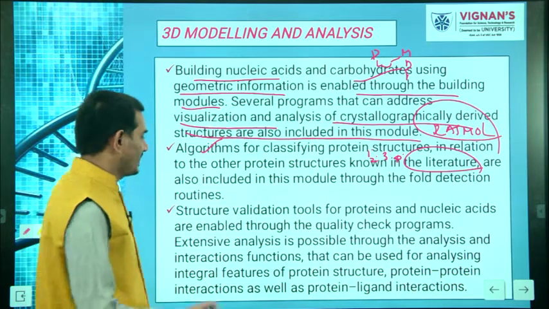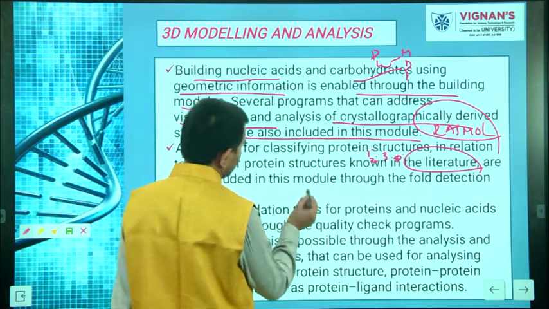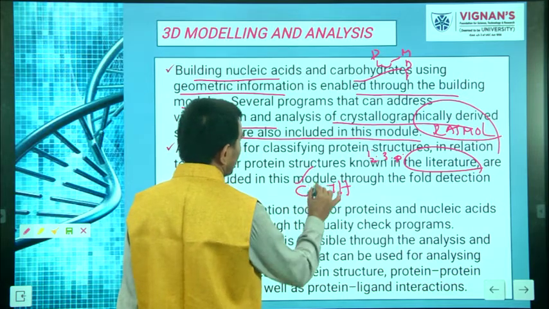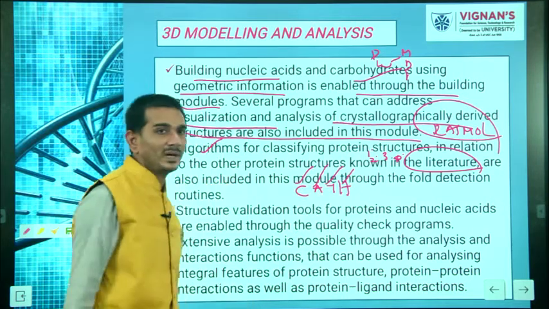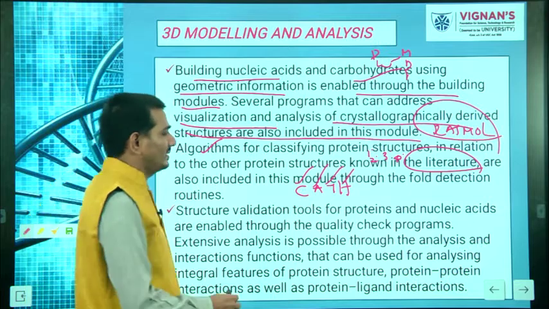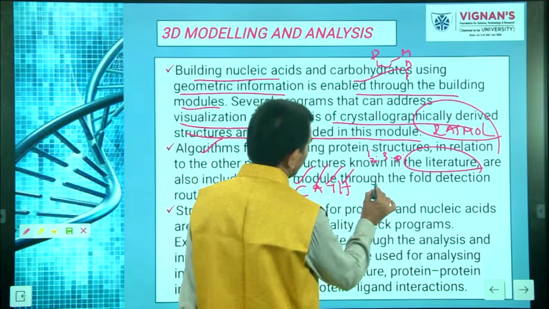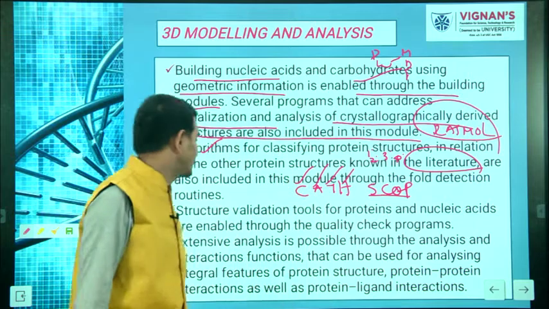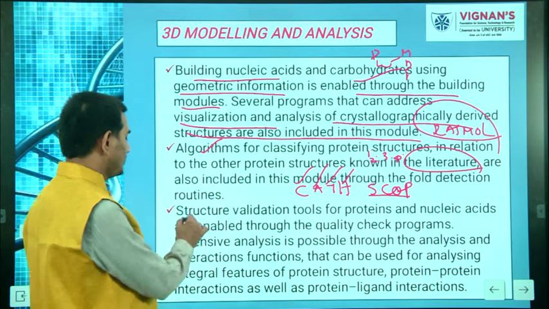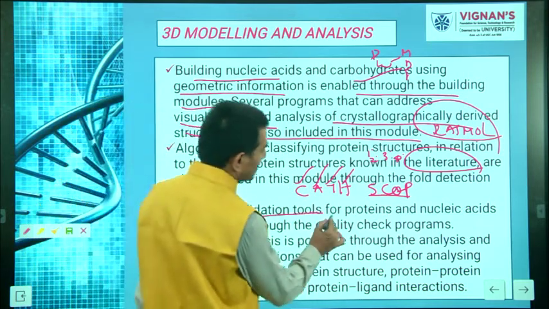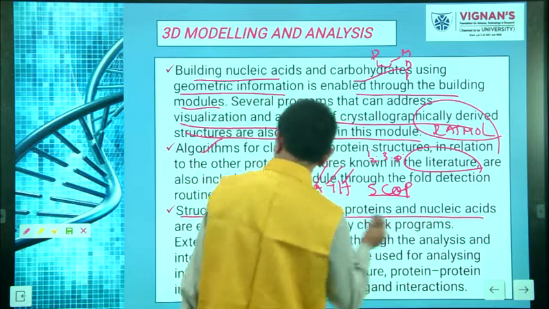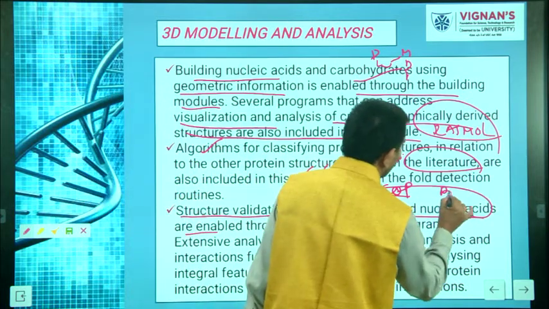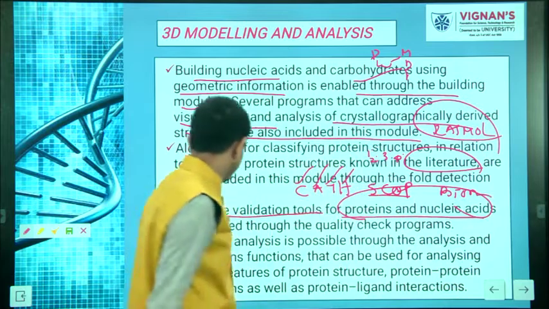We also have a database for protein structure classification, that is CAT, which stands for class, architecture, topology and homology. These are the four levels of protein structure classification, and we have a database by name SCOP, structural classification of proteins.